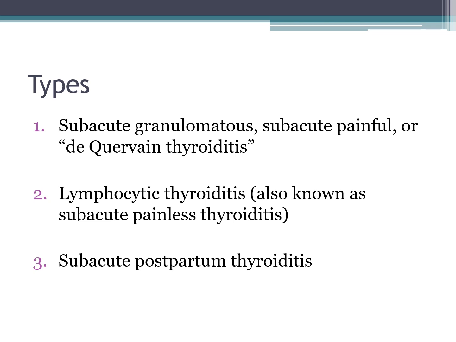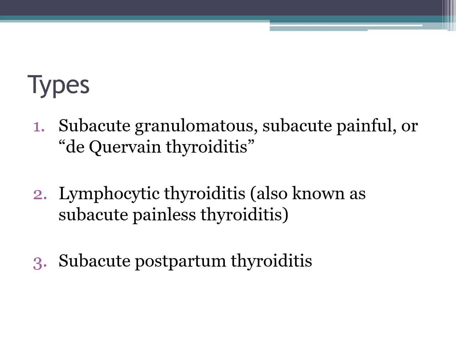Because the management plan is the same, it doesn't matter which virus caused this thyroiditis. So it is known as subacute painful or de Quervain thyroiditis, caused by viral infections, and it has a subtype, lymphocytic thyroiditis, which is painless.